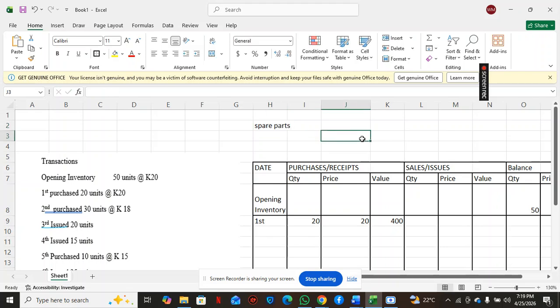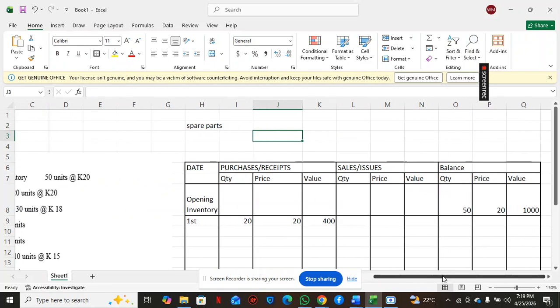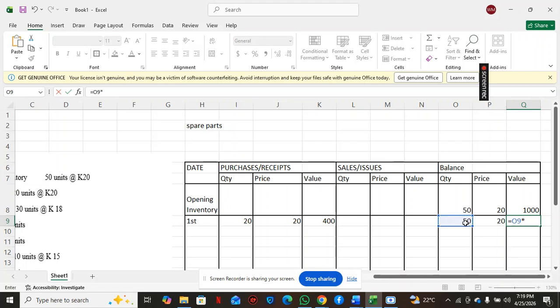This company sells spare parts. So on the 1st of January, they purchased 20 spare parts valued at 20 kwacha. Their business deals with selling spare parts. So in our balance section, they had 50 spare parts valued at 20 kwacha, a total value of 1000 kwacha.